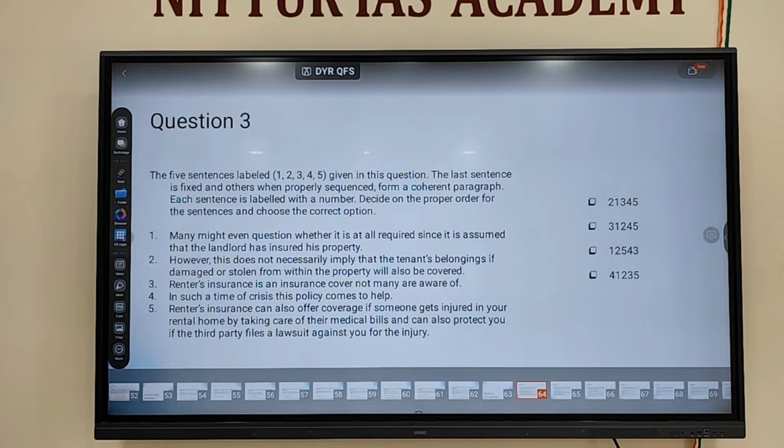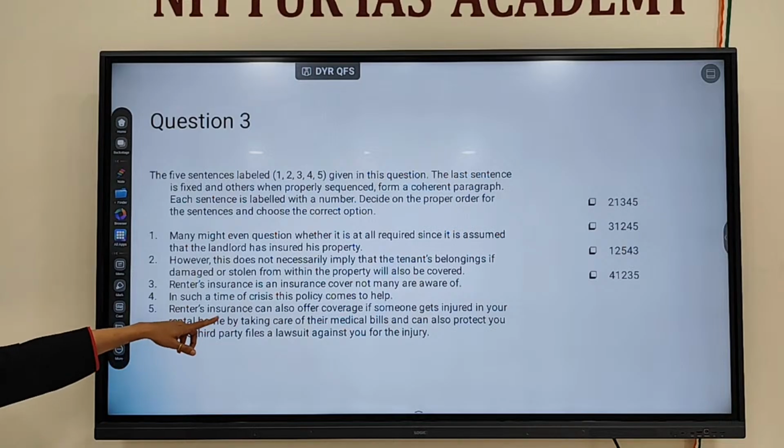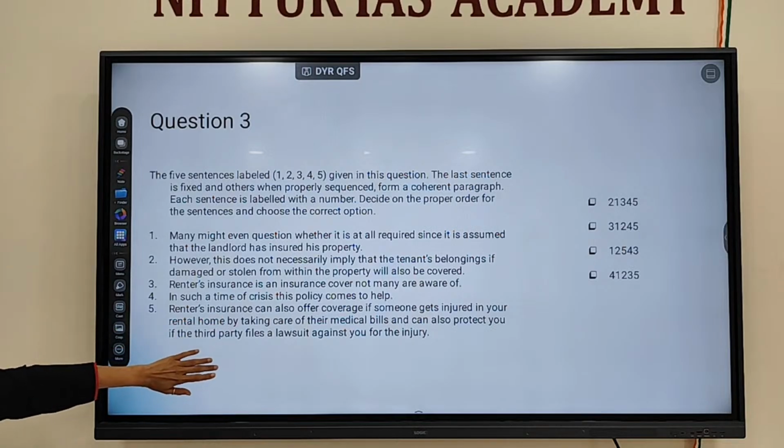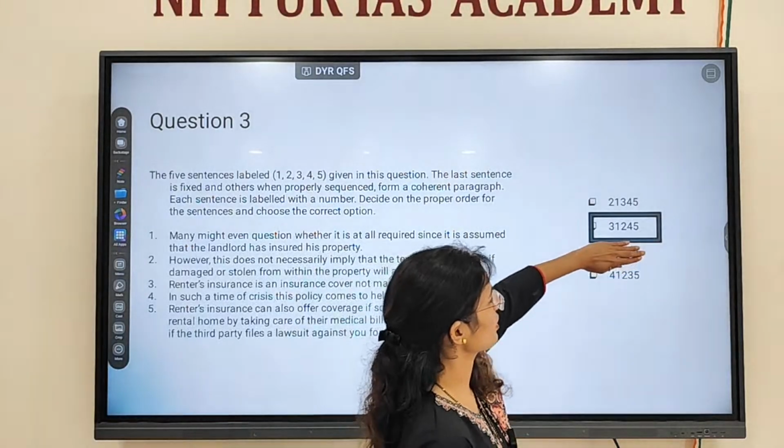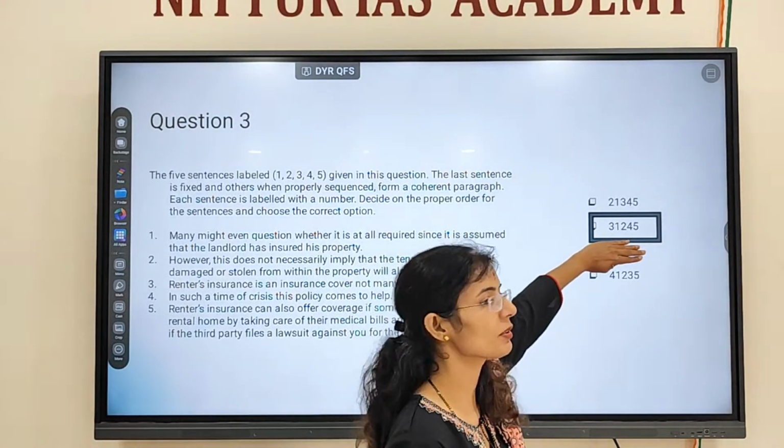Okay, let's see. Do you want me to show the answer, or do we want to read it? I think it's 3, 1, 2, 4. Very quick you were. How? You sorted it out from the options. We only eliminated this one. So how did you sort it out from the options?